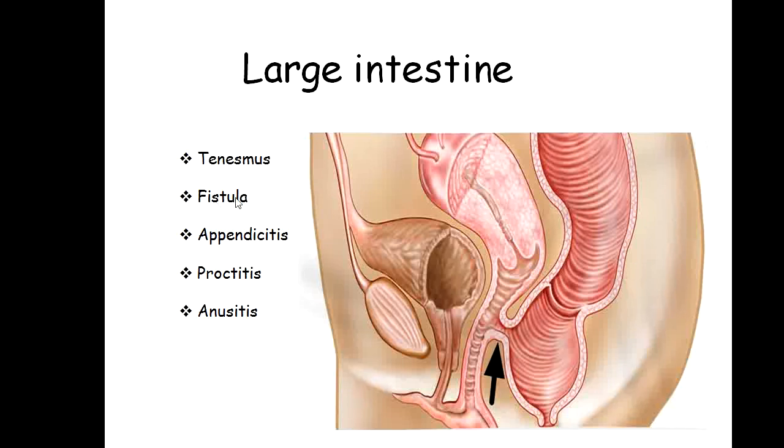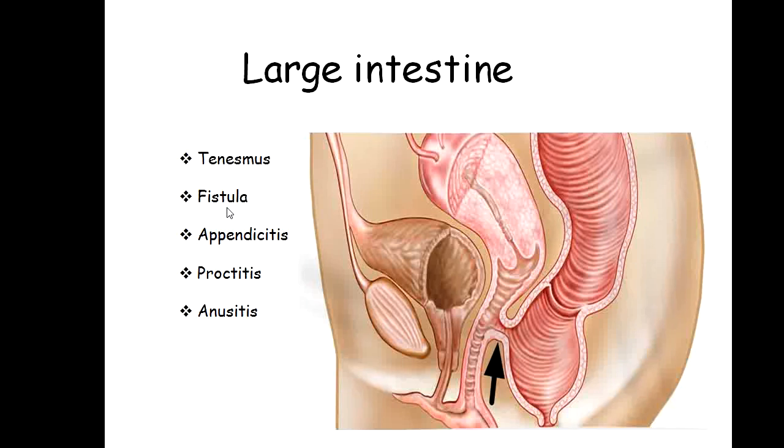The next one is fistula. This is not a very common condition, but fistula normally represents a condition in which there is an abnormal connection between two body cavities. When an abnormal connection between two body cavities takes place, this connection is called fistula.